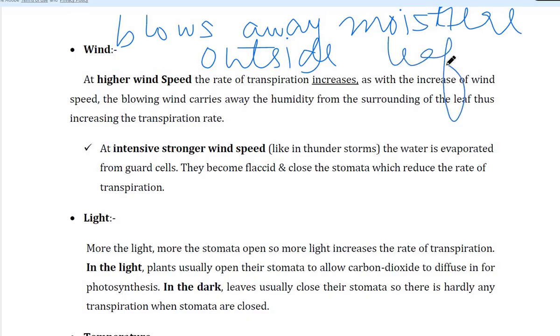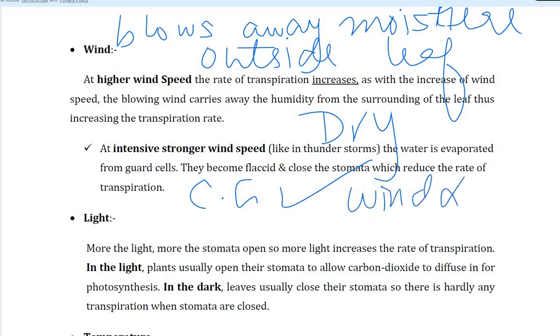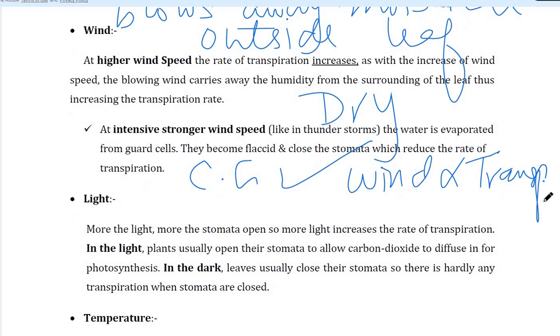It blows away the moisture outside the leaf. तो outside क्या हो जाता है? Dry. Inside there are a lot of water vapors. So concentration gradient established and rate of transpiration will increase. So rate of transpiration is directly proportional to wind. When wind is high, rate of transpiration is high. When wind is low, rate of transpiration is low.